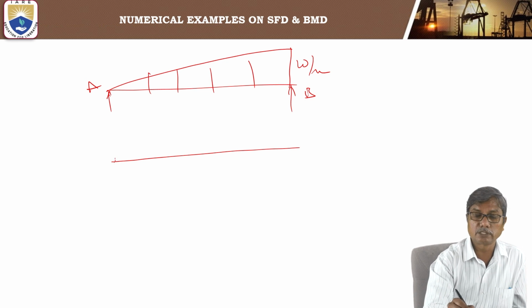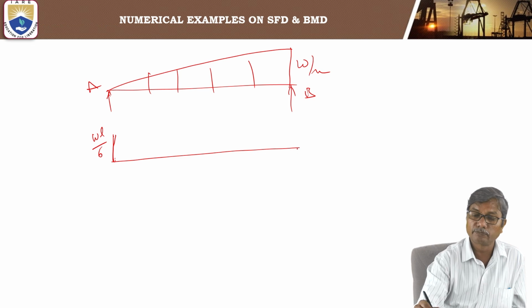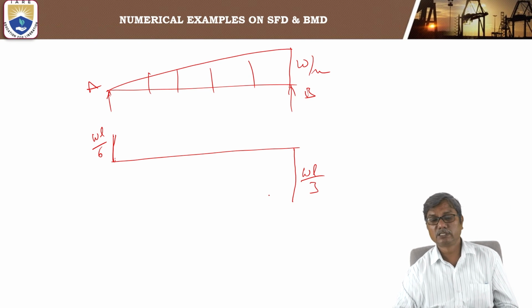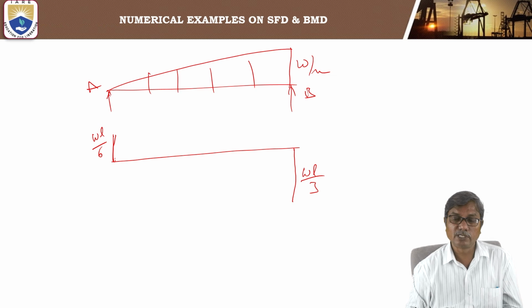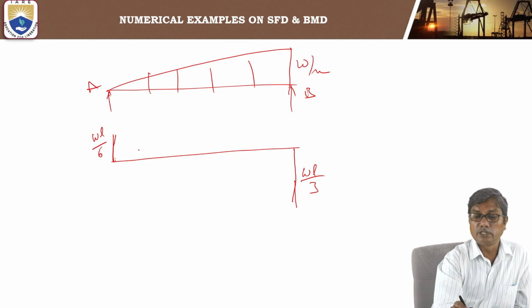The shear force at A is positive, which is WL by 6, and shear force at B is negative, which is WL by 3. And the variation in between is parabolic.